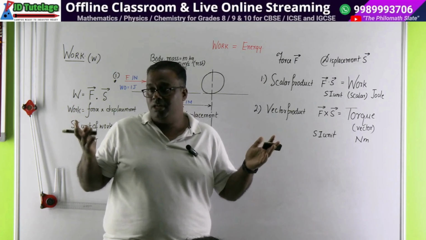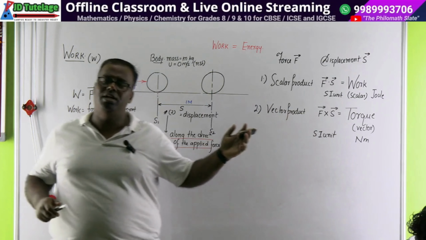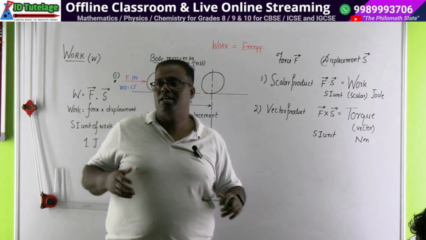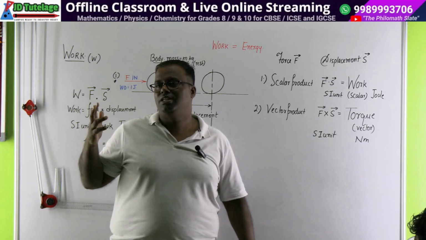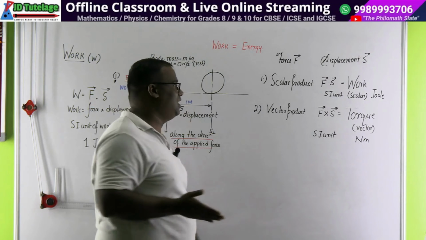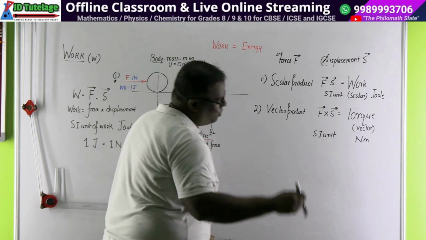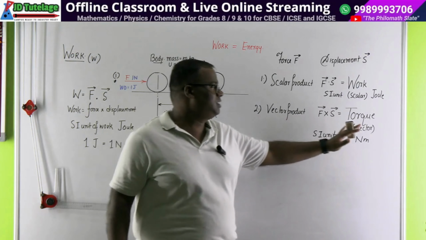They are completely different. Torque has got a direction. Now, understand torque, like Newton meter means, suppose there is a vector A cross B. That will get big, just understand this much for now. Vector product gives you torque.